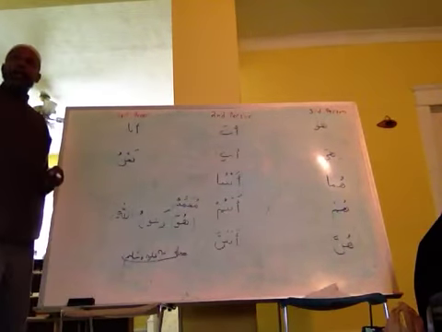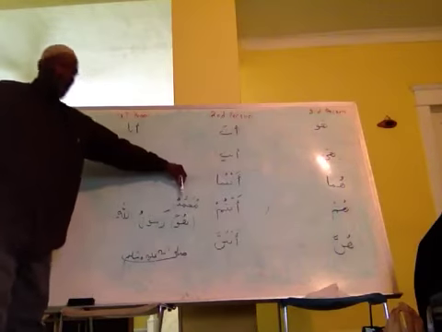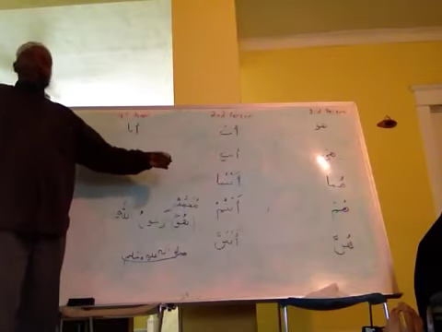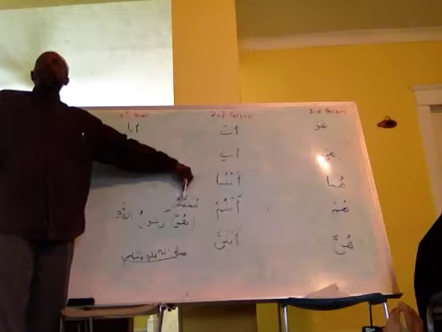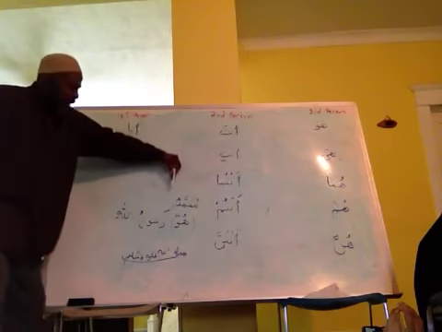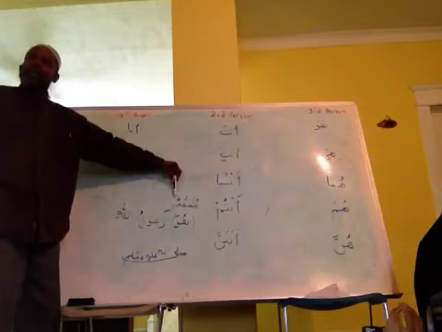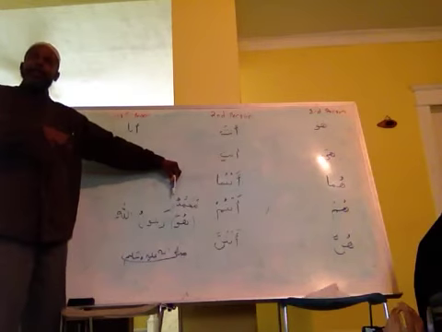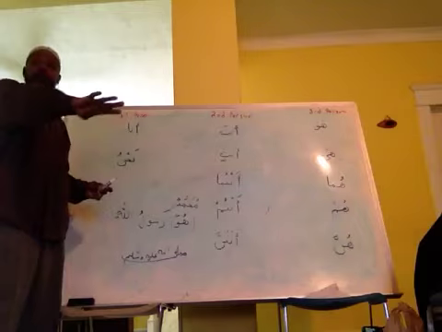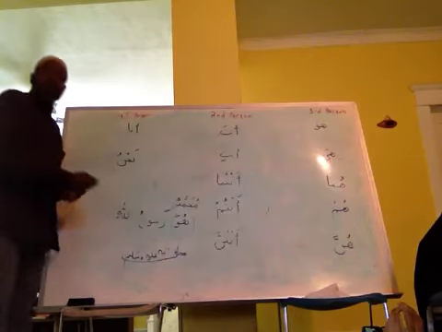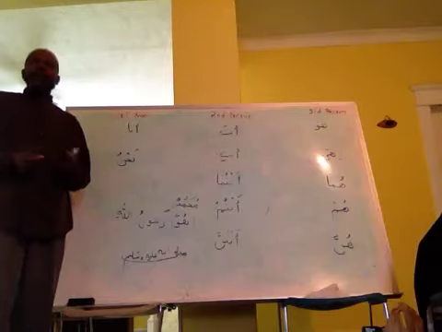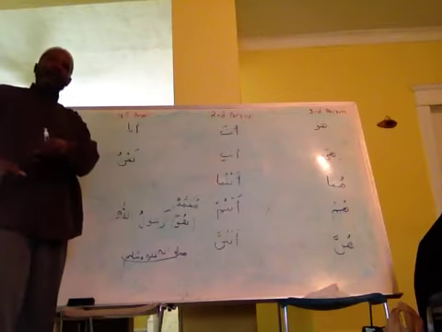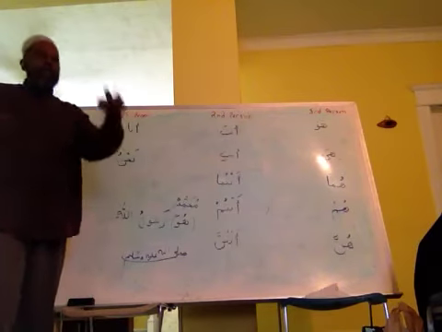Muhammadun. So now let's do the i'rab. Let's analyze it. What will we say grammatically Muhammad is? Mubtada. The i'rab is marfu with dhamma. Why? Because the mubtada is marfu. Rasul is what? Mubtada needs a khabar. Mubtada needs a cover.